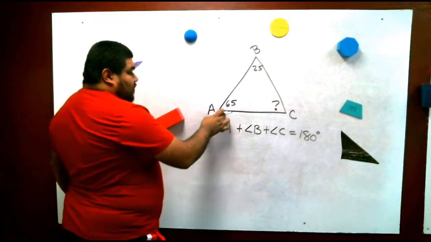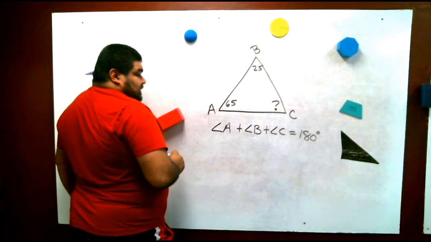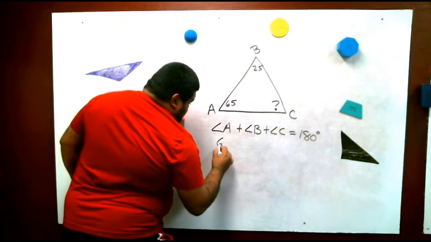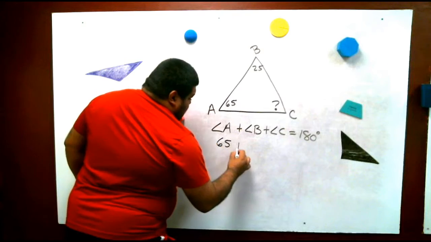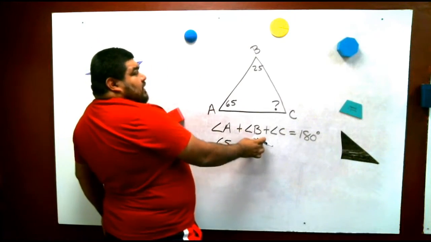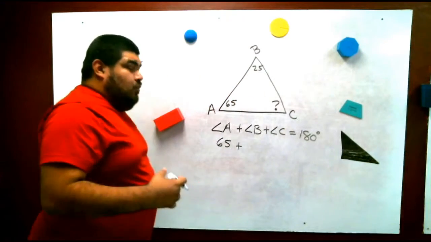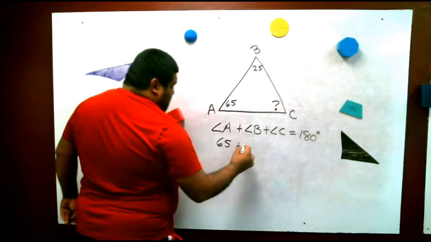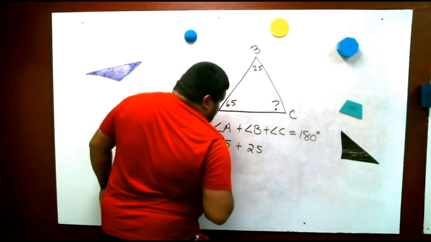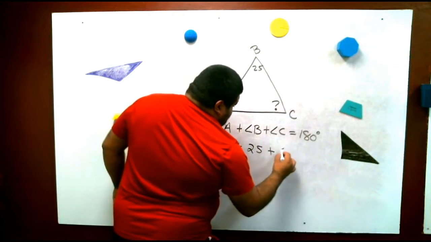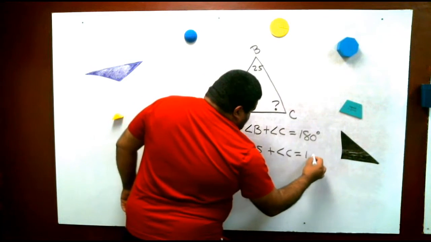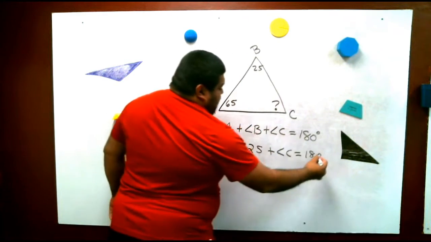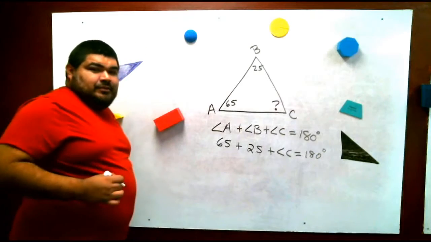So we know that angle A is 65, plus we know that angle B is also given to us, which is 25, plus angle C equals 180 degrees.